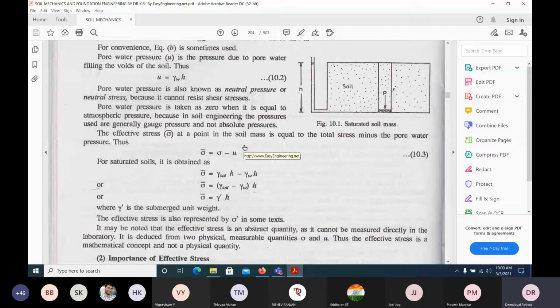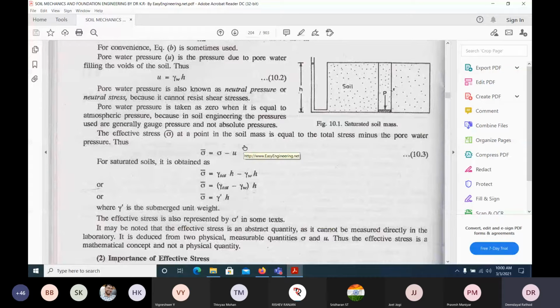It is gamma submerged, which equals gamma saturation minus gamma W, multiplied by H, that will give the effective stress, not total stress. Hope you understood.